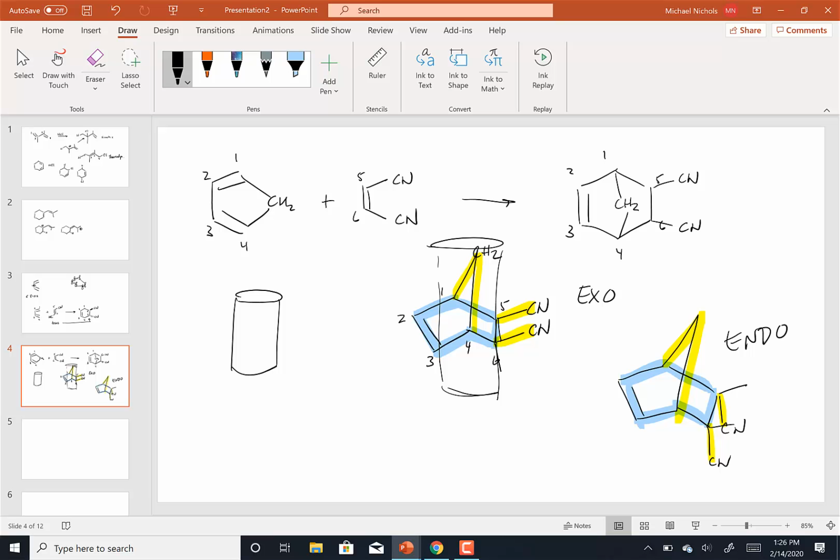And so then the question is, which one's the major product? It turns out if you do this reaction, you get 100% of the endo product. And that is the major product of the reaction. I was under the misunderstanding that the exo product was forbidden.